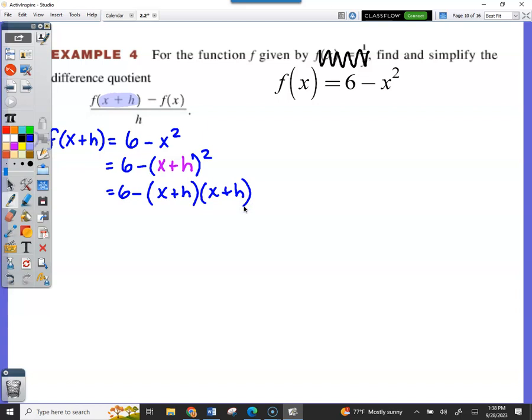So you got your first, outer, inner, last, or if you know the shortcut for multiplying a binomial by itself, it's that the first term squares, the two terms multiply together and get doubled, and the last term squares. But if you don't know that, then you would sit here and say, okay, minus parentheses, first, outer, inner, I'm going to write it in the same order, last.